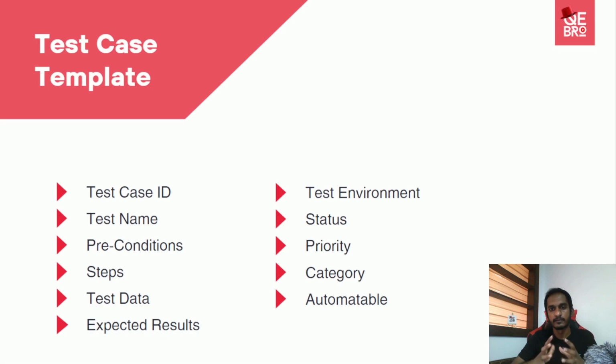And also, while you write the manual test cases, maybe you can use the same manual test cases for your automation suite as well. And if you have integration between your automation suite and the test documentation, if you are following a test case management system, you can do these integrations.